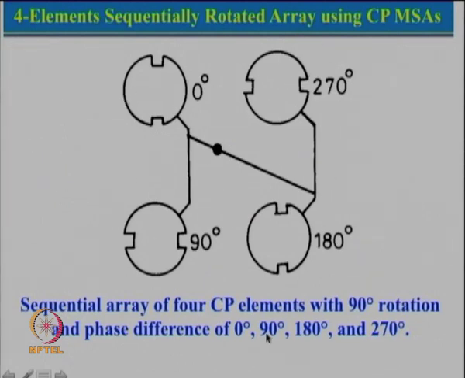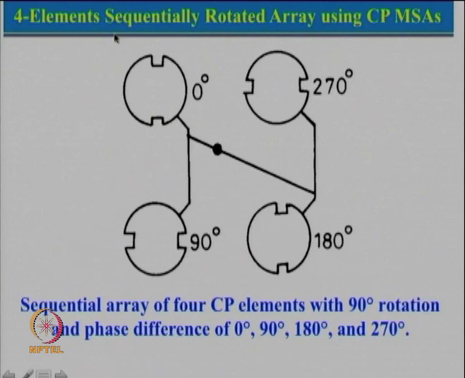In fact, we have also realized this particular thing here, and impedance matching also can be done in a very simple and effective way. Since we are feeding along the periphery, input impedance will be very high. So, if you look at over here, one can use a thin microstrip line, and over here a thin microstrip line.